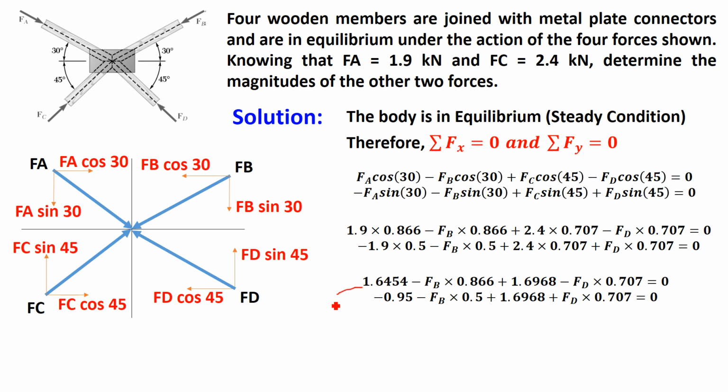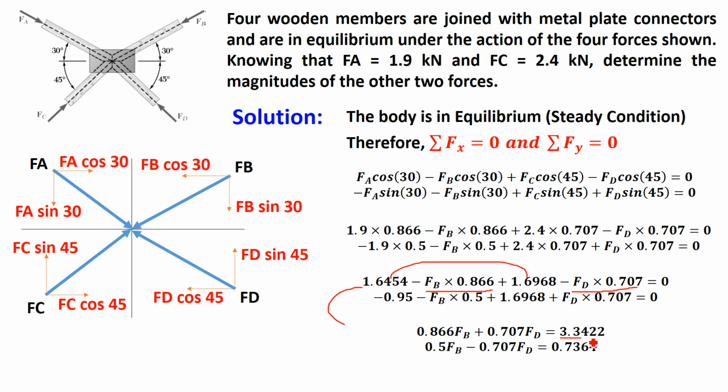So you get 0.866 Fb and 0.707 Fd, and both are minus on the left; on the right side they become plus, and the summation is 3.3422. Similarly in the second equation, this sign becomes plus and the plus becomes minus, and minus 0.95 plus 1.6968, the answer is 0.7364.